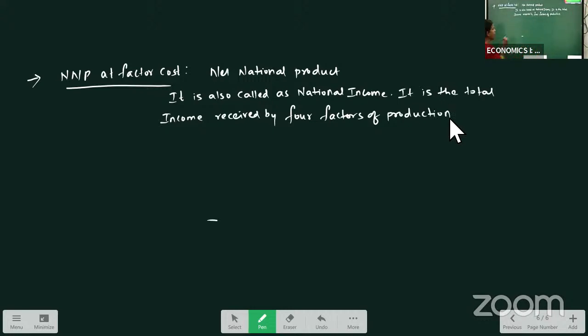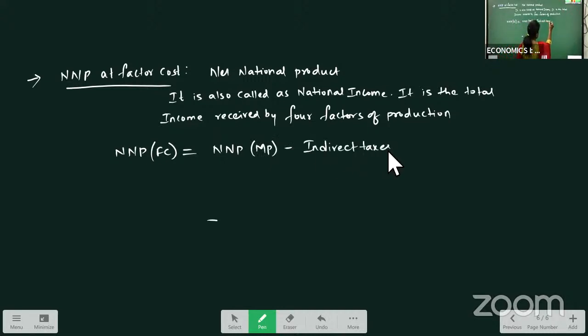So, NNP at factor cost. See the formulas here. NNP at factor cost is equal to NNP at market price minus indirect taxes plus subsidies. Or you can write one more formula also.